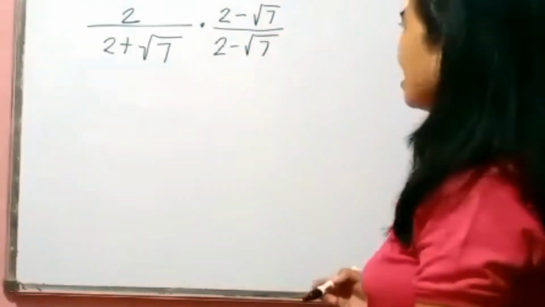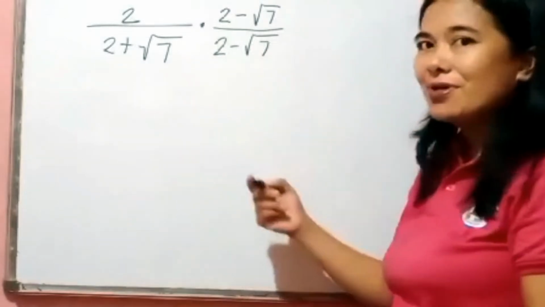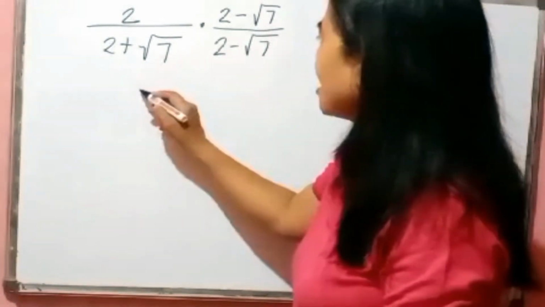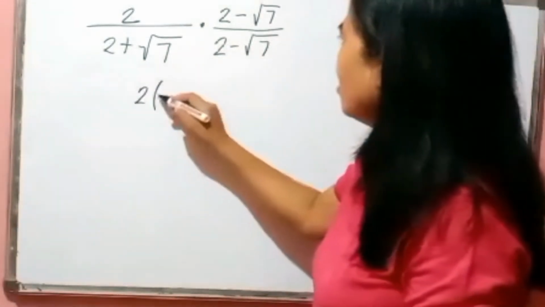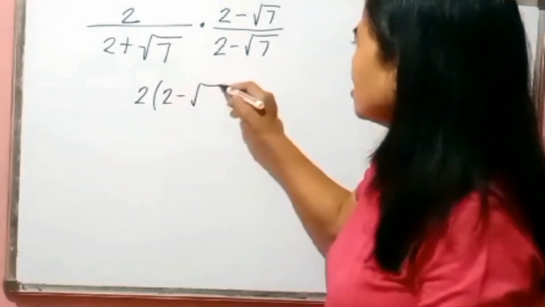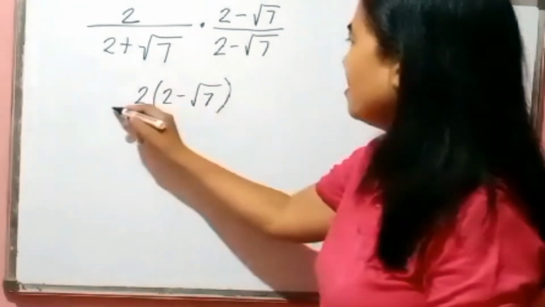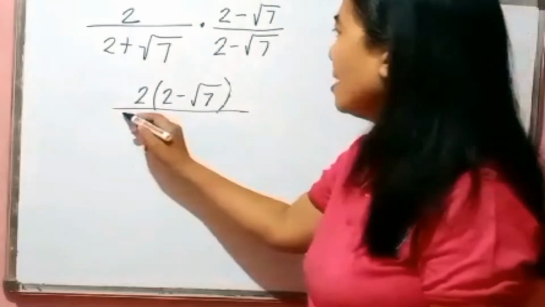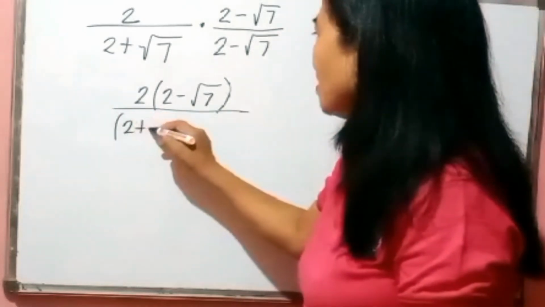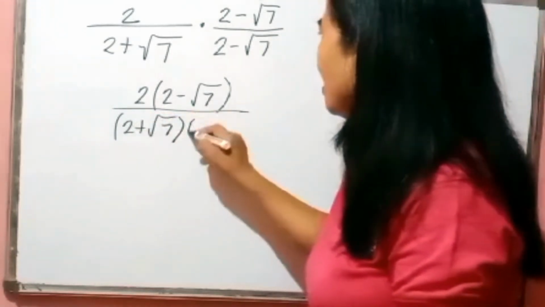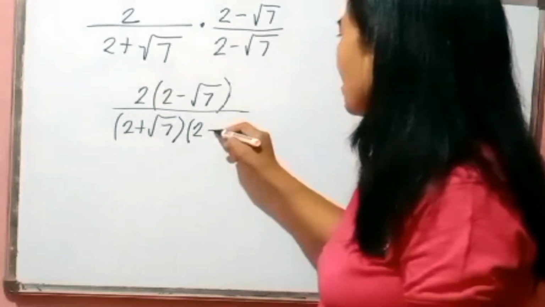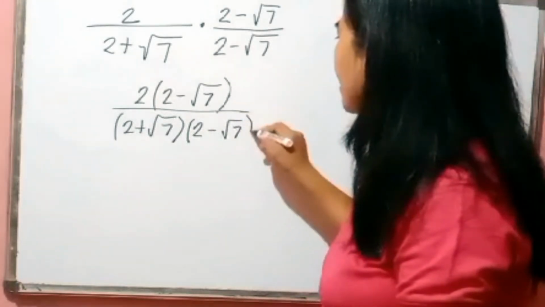Pareho lang. Okay? Multiply them horizontally. So, sa taas, meron tayong 2 times 2 minus the square root of 7. Okay? Sa baba naman, meron tayong 2 plus square root of 7, tsaka 2 minus square root of 7.